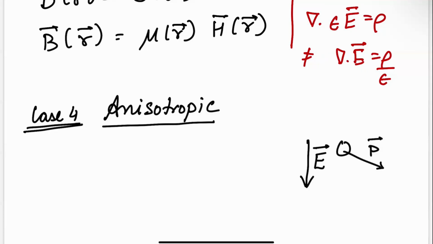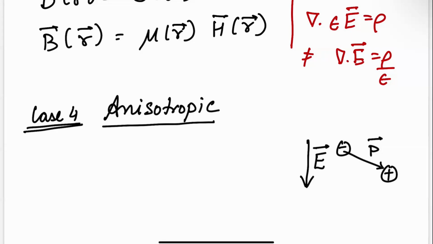And that could be because the positive and negative charges are constrained in some way because of the crystal lattice. Because of that, maybe they cannot move in the same direction as the electric field, and they can only move in some defined planes. And that's where you can get this polarization vector to be not aligned with E.